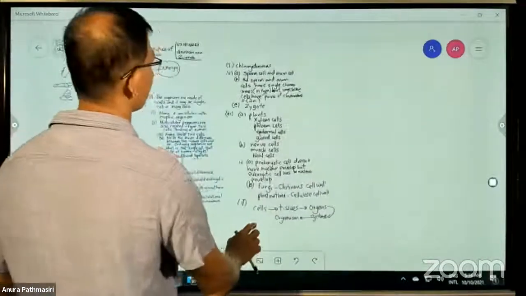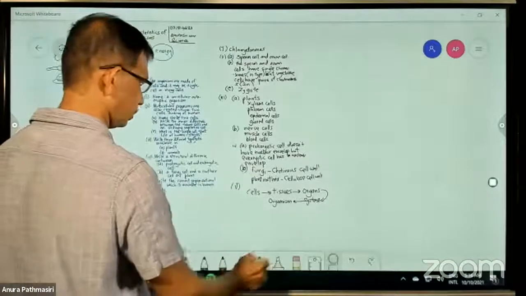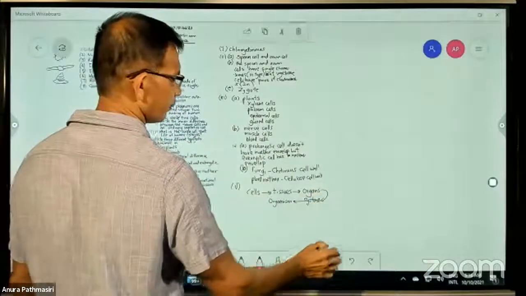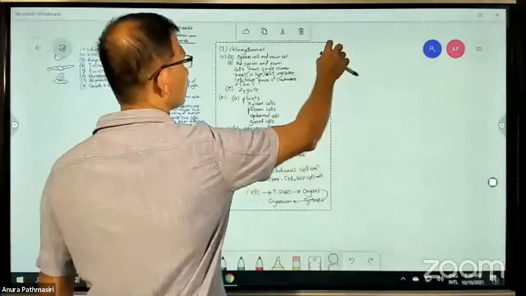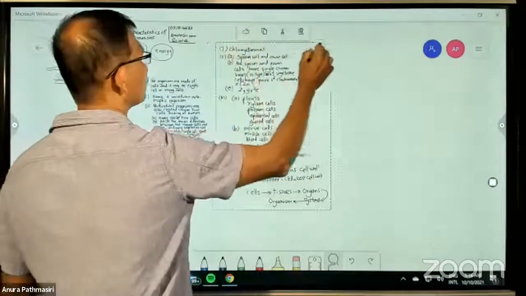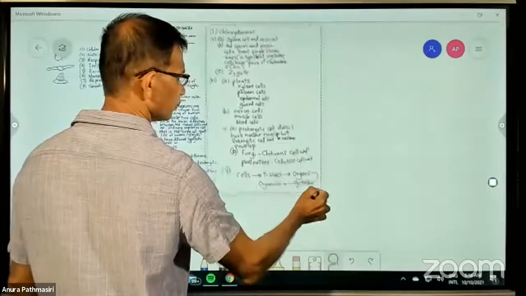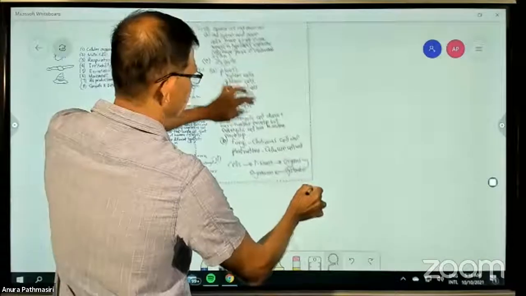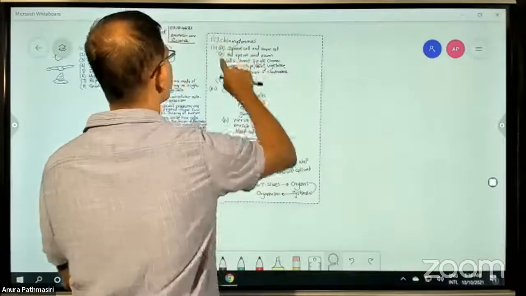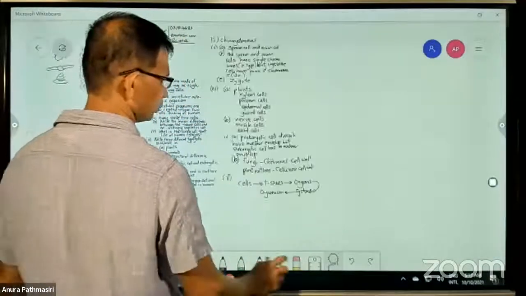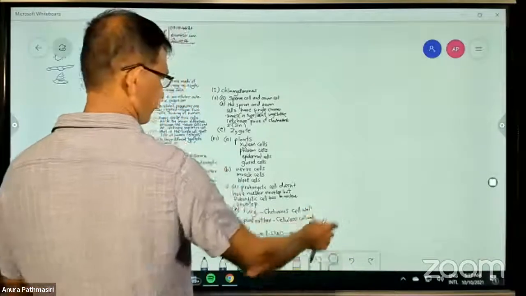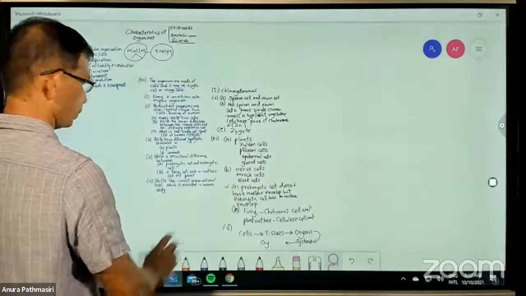Let's go to the other part. Let me check whether I can shrink this one. I think I can make it small now. I think that's okay. Let's go to the other question.